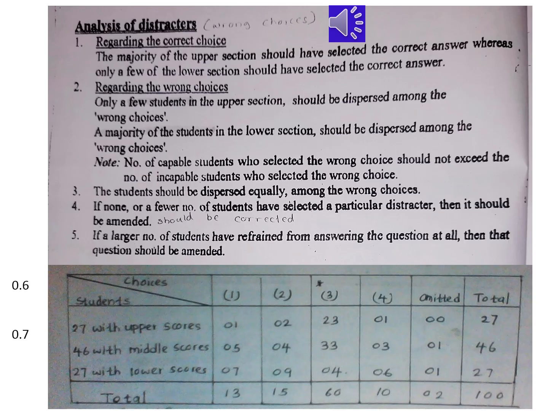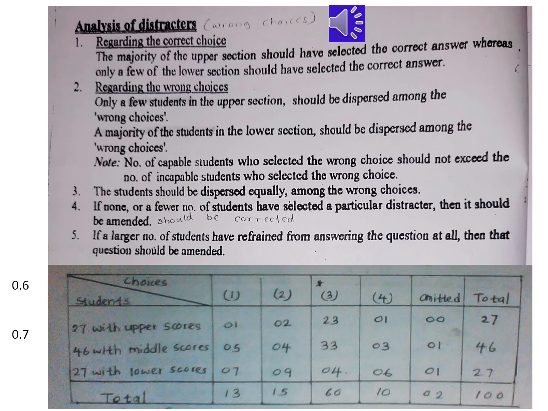Note, the number of capable students who selected the wrong choice should not exceed the number of incapable students who selected the wrong choice. Now we take the number of capable students who selected the first wrong choice. It's 1. If we consider the lowest, weaker students, 7 of them have selected it.